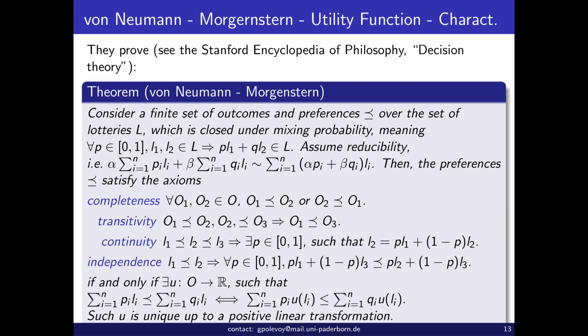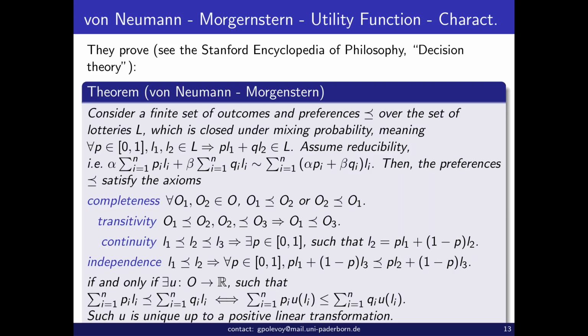That is, for every outcome there is a real value, such that a certain lottery is preferred to another lottery if and only if the combination of the utilities of those outcomes with exactly the same weights p_i is at most the combination of the utilities of the outcomes of the other lottery.